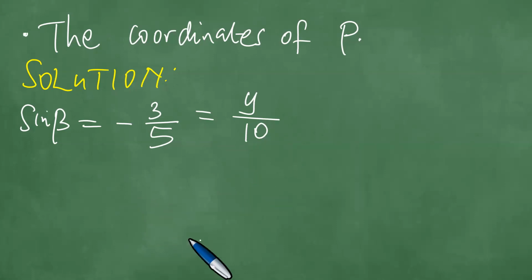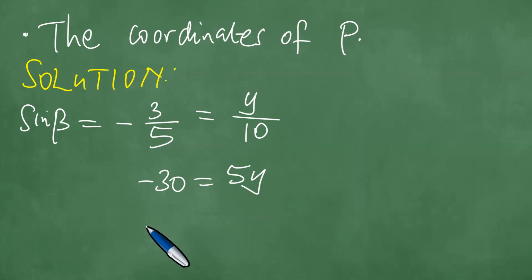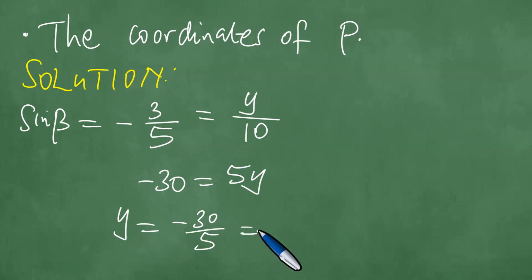So we cross multiply these, which gives minus 3 times 10. Five y equals minus 30, so y is minus 30 over 5, which is minus 6.